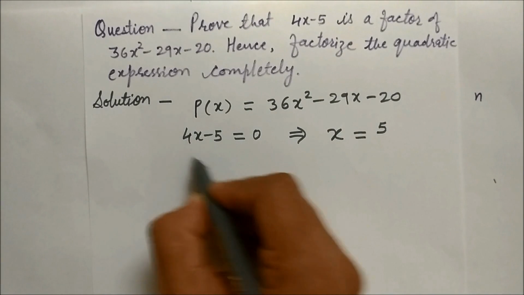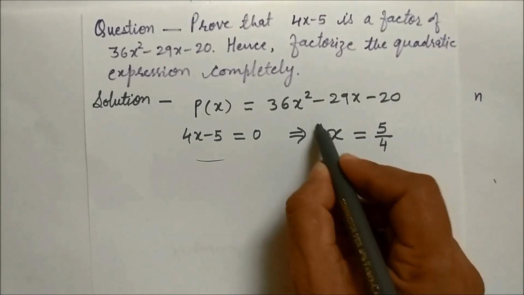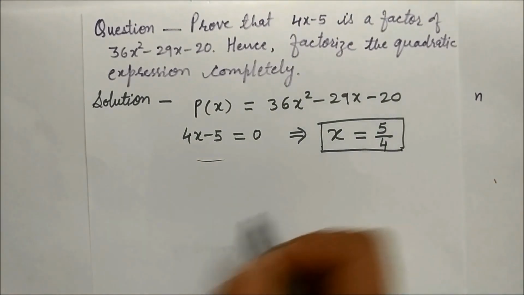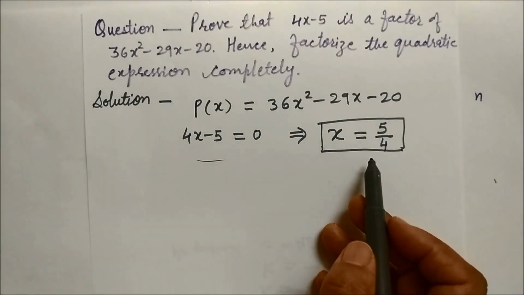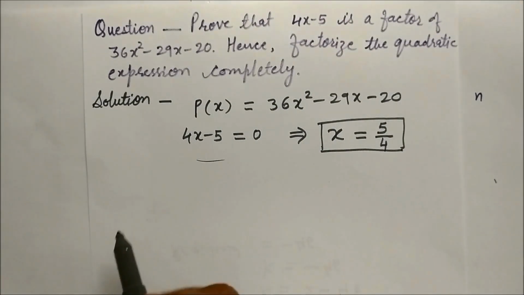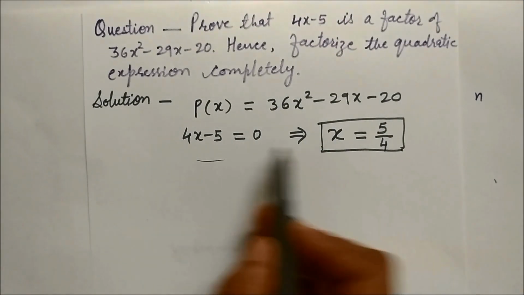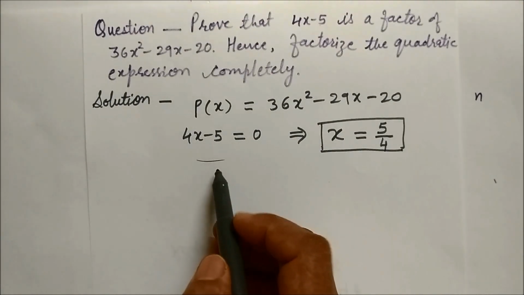So it becomes plus 5 upon 4. So the value of x is 5 by 4. We will replace this 5 by 4 in the polynomial for proving that 4x minus 5 is a factor.